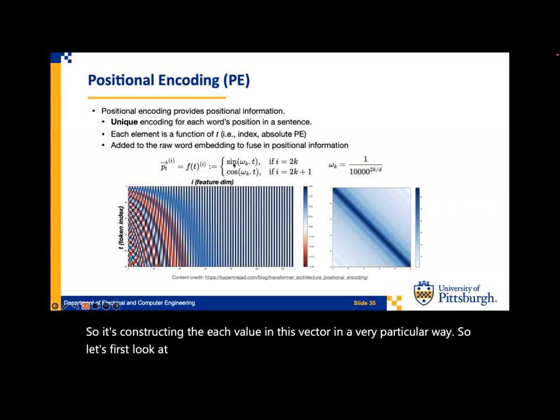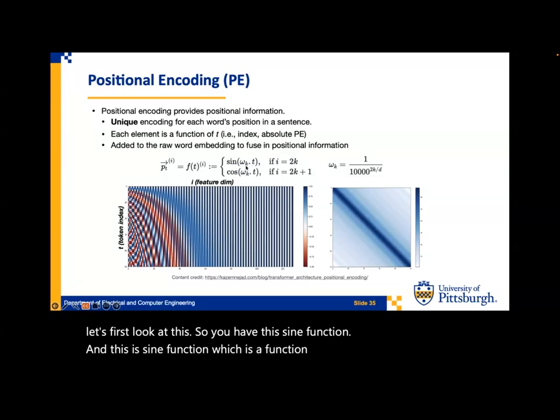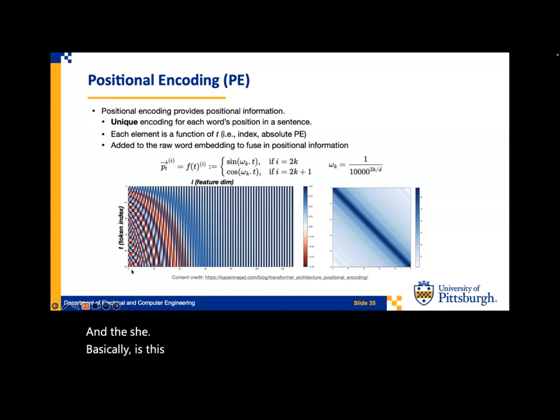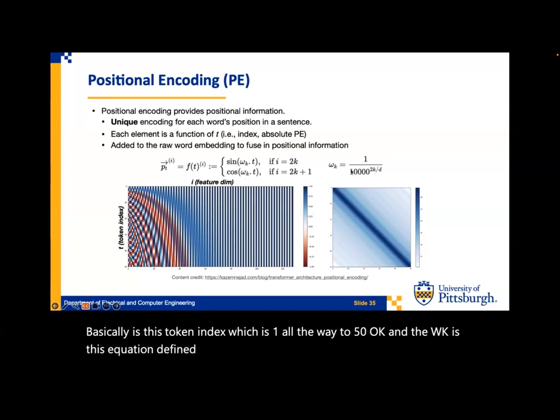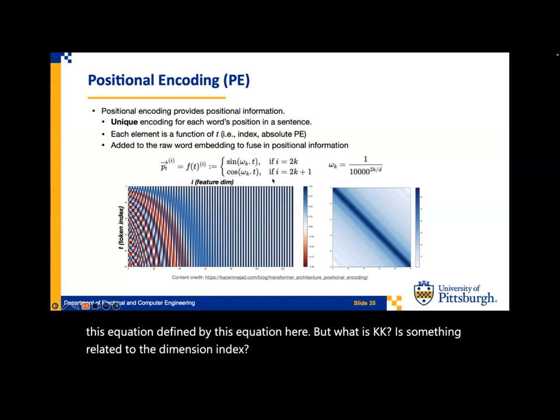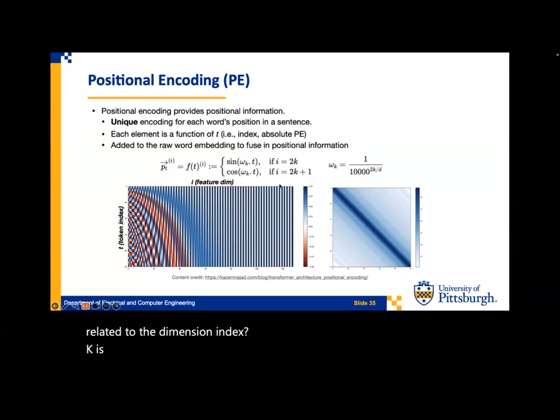You have this sine function, which is a function of t and the wk. And the t basically is this token index, which is 0 all the way to 50. And the wk is defined by this equation here. But what is k? K is related to the dimension index.